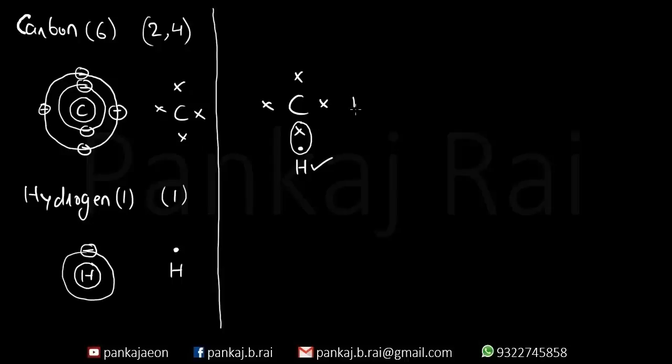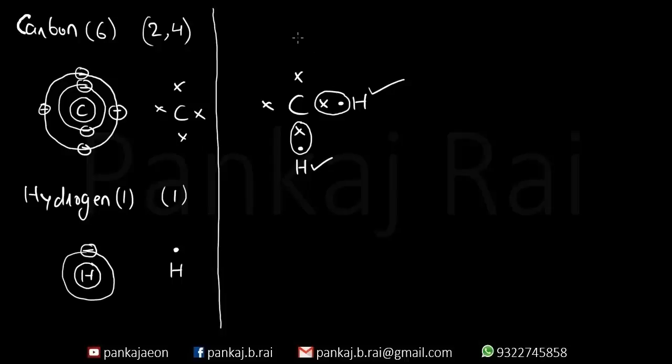Let's say there is one more hydrogen having an electron and let's say they are sharing again in the same manner. So here the hydrogen will have 2 electrons and it will be stable, whereas the carbon now has 6 electrons, 4 its own and 2 which are shared by the hydrogens. It needs 2 more electrons.